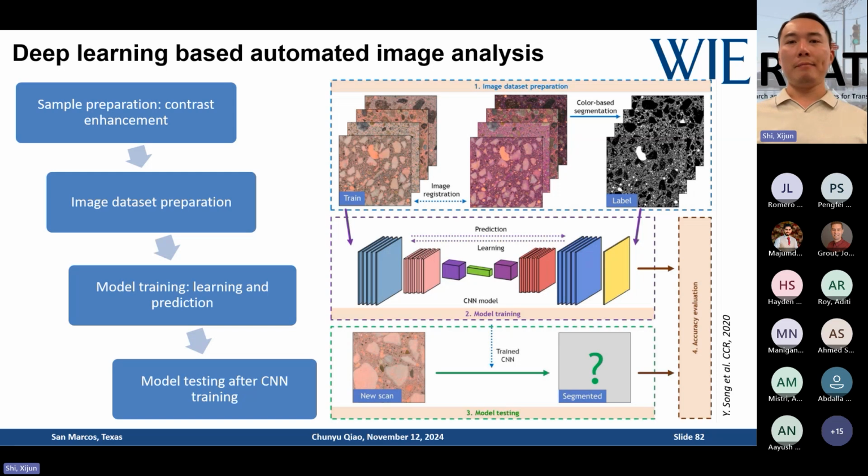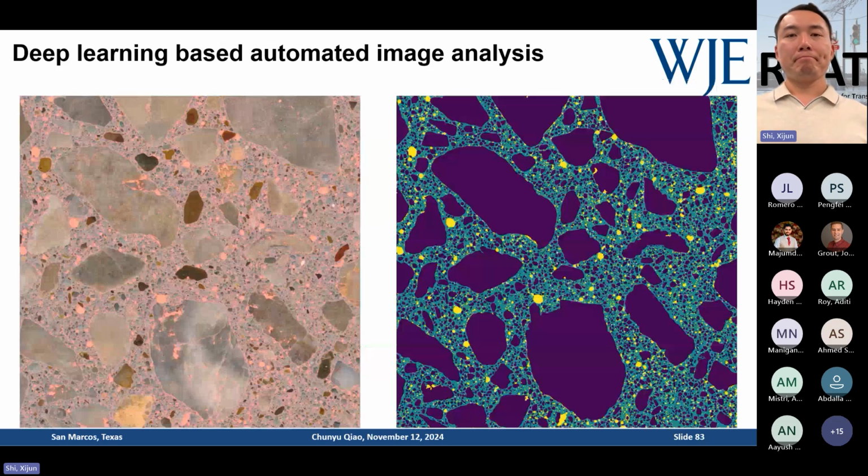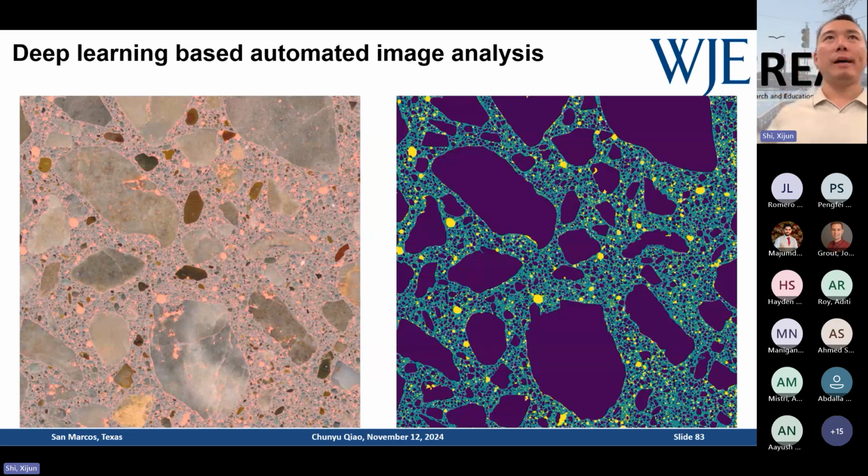This is research, I think, by some researchers from the University of Illinois a few years ago, using image analysis to identify air void systems. And you can see the results are very satisfying. They can even identify the imperfections in the limestone rocks. You see, to enhance contrast, they used some pink powder to fill the air voids, to give the computer enhanced contrast to better pick out what is paste, and the air voids will be purely pink.